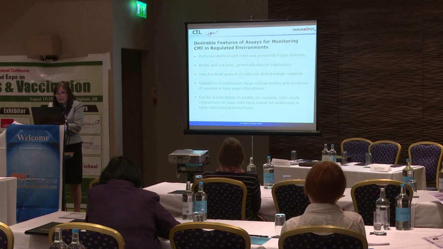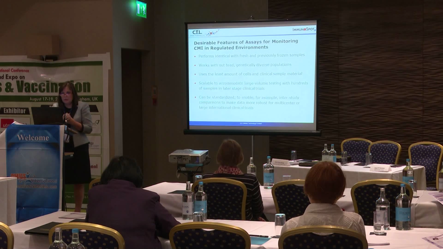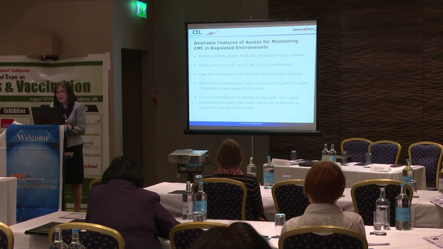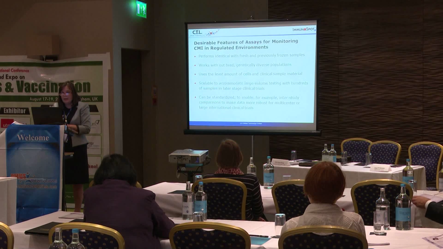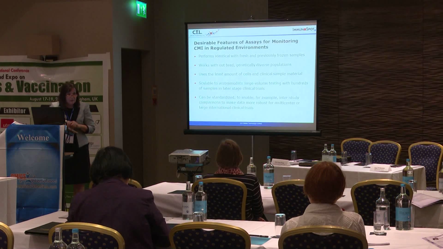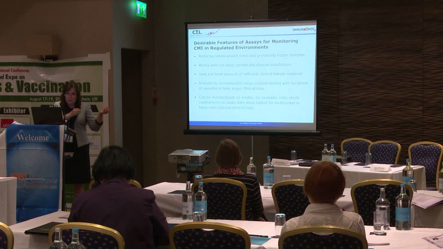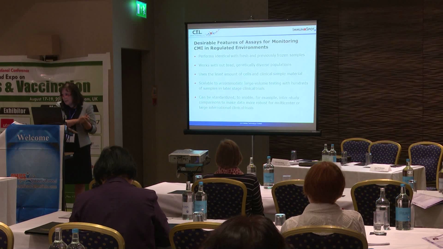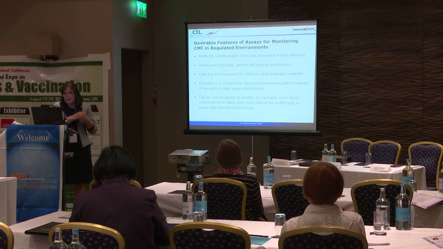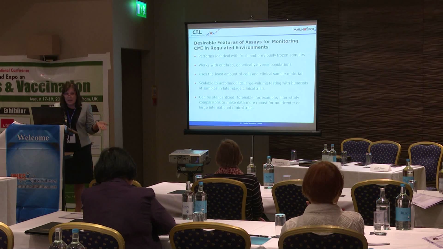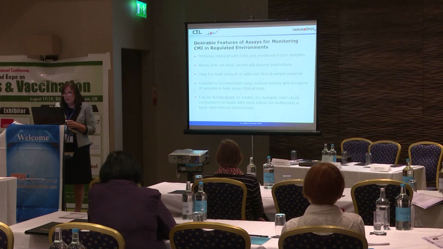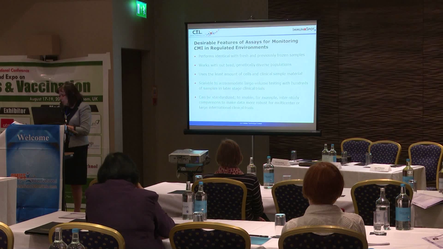And as you work with humans, you want to use as few cells as possible, to draw blood, because you need to collect the samples accordingly. It should be scalable, so it's not something which you can do in the lab one by one. That's okay, but once you are in the clinical setting, it needs to be done in higher numbers, so you need to be able to scale it accordingly and measure it accordingly.